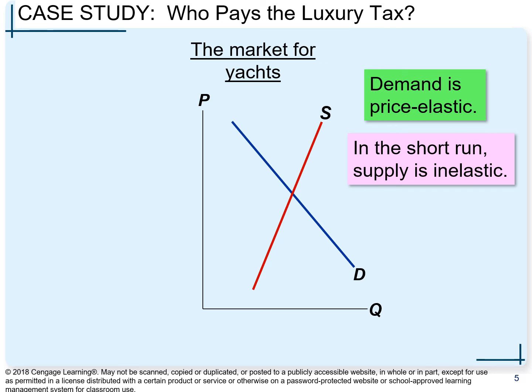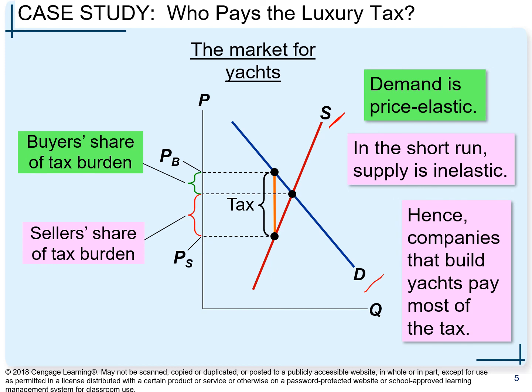Once again, supply is relatively inelastic because as sellers we cannot freely leave the market. The demand curve is relatively elastic. Here's the price with no tax, and then we impose a tax on this market. Just see over here how the burden of the tax is shared between buyers and sellers.